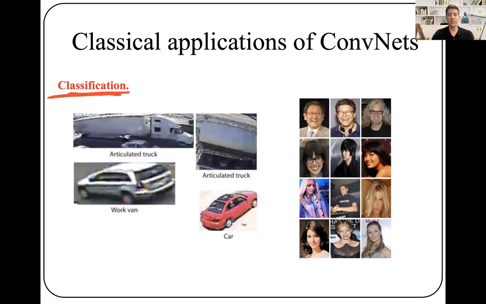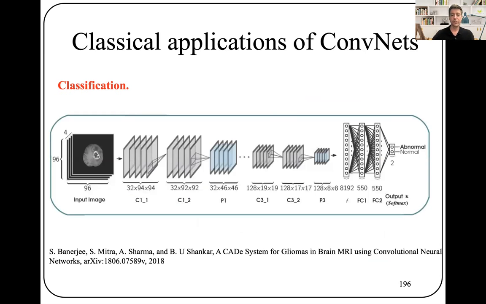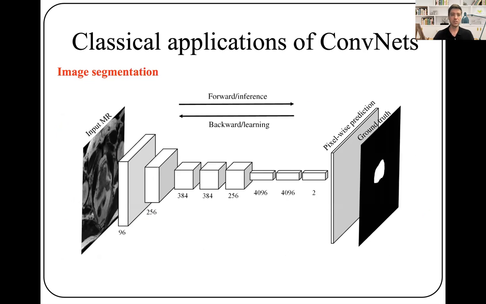As you know, the input is an image and the output is a class. So the class could be either the class of the object in the image, or in medical imaging, it could be, for example, if a patient is healthy or not. So here are several examples of classification.